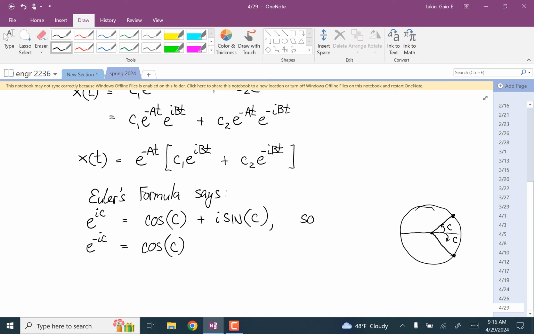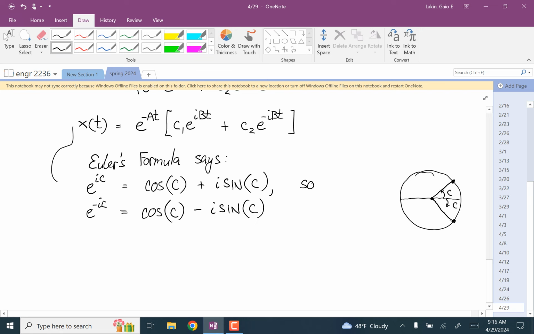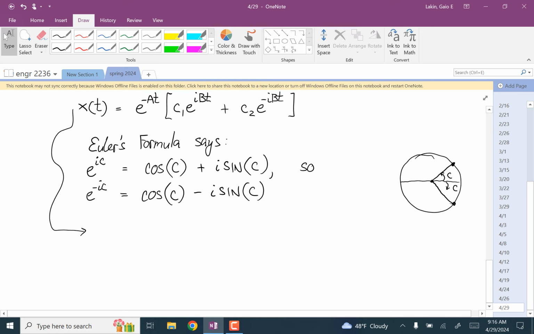Inverse. Yeah, and so this is just equal to minus i times the sine of c. Okay, and so now I'm going to plug this into our expression.